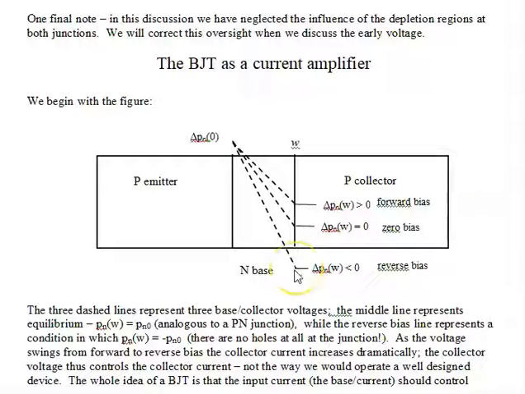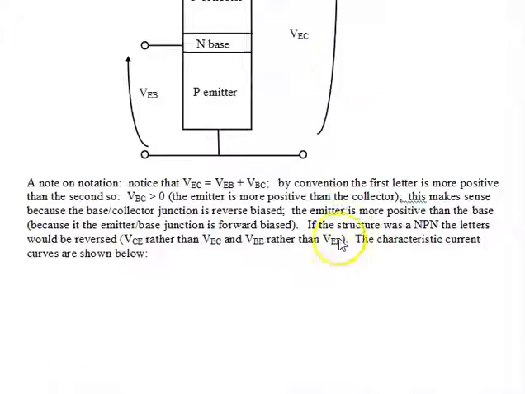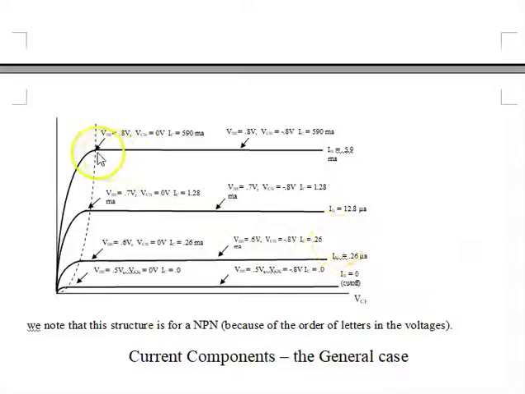There is absolutely no control of the collector current based on the bias that I apply at the base collector junction. So at this point right here, I lose control of the collector current based on the collector voltage. And that is exactly what I want. I want the collector current to be controlled only by the forward bias on the emitter base junction.